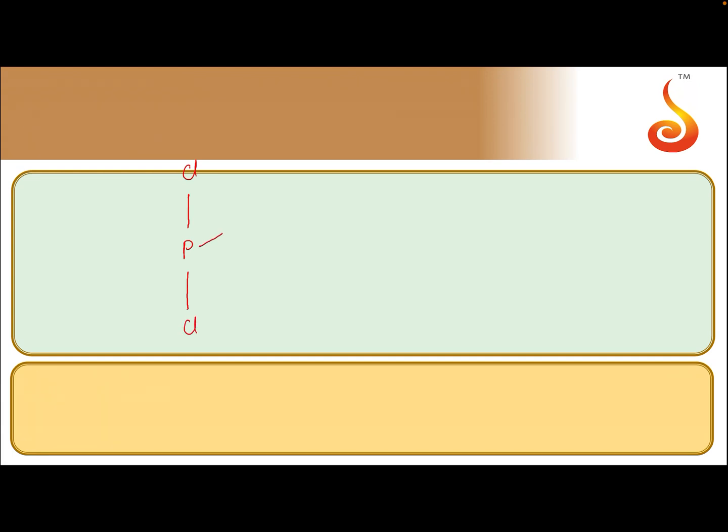PCl5 has a trigonal bipyramidal shape, with 3 equatorial bonds and 2 axial bonds. These are the equatorial bonds, 1, 2, 3. The 2 bonds perpendicular to the equatorial bonds are the axial bonds, 4 and 5.